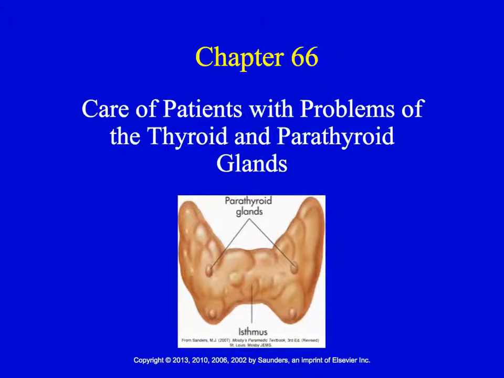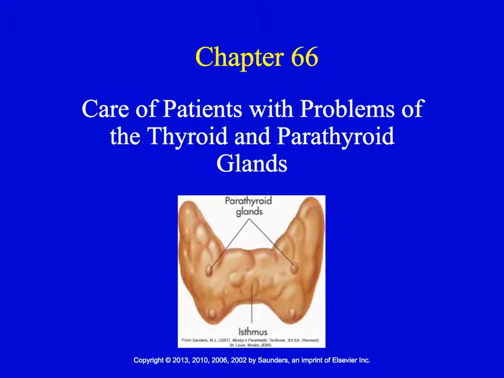The other thing to take note of is, if you look back, the hypothalamus actually secretes something called thyroid releasing hormone. And then if you look back at the anterior pituitary, it releases something called the thyroid stimulating hormone. These all play a part in whether you have normal thyroid levels.